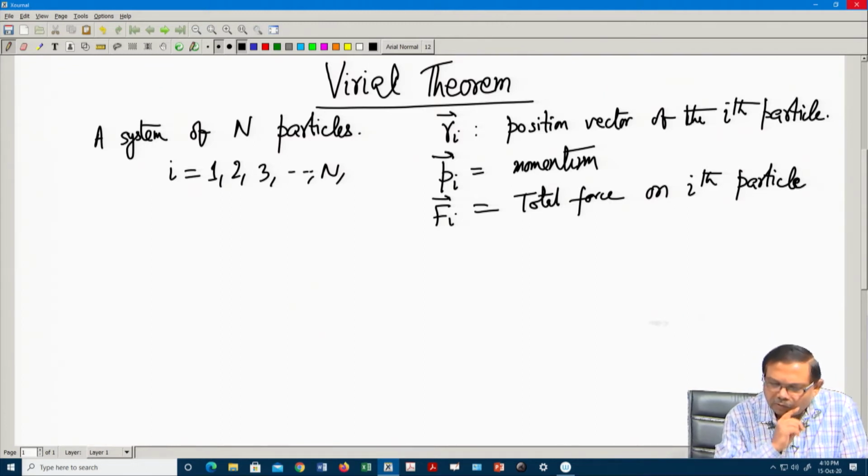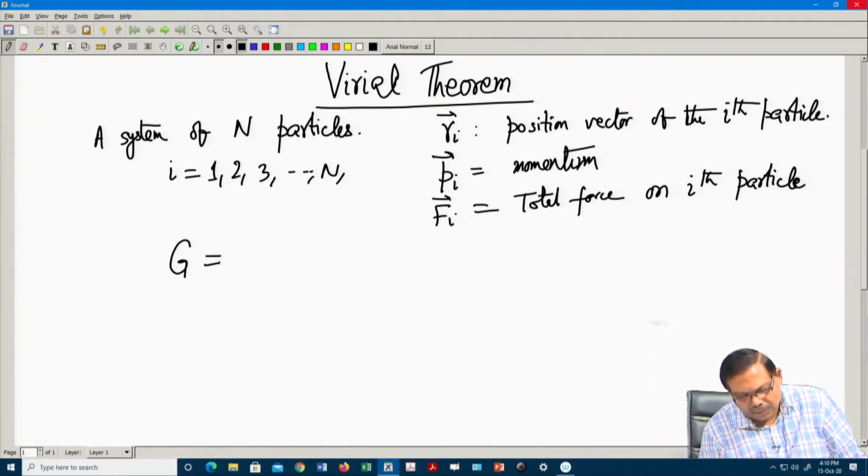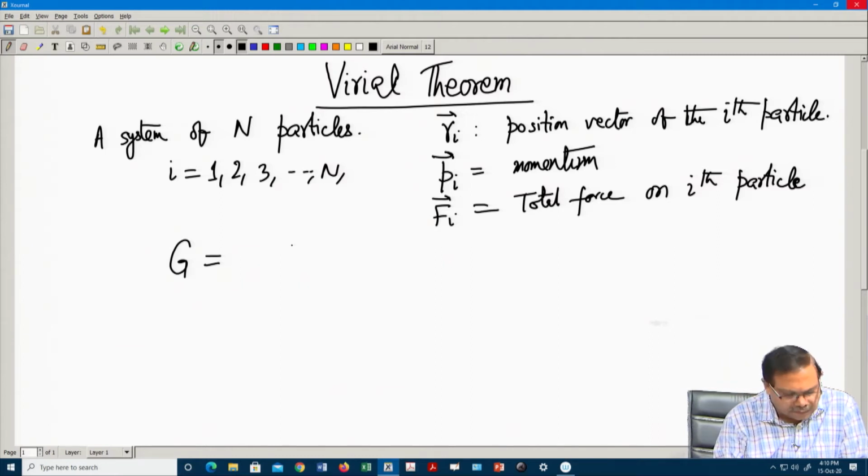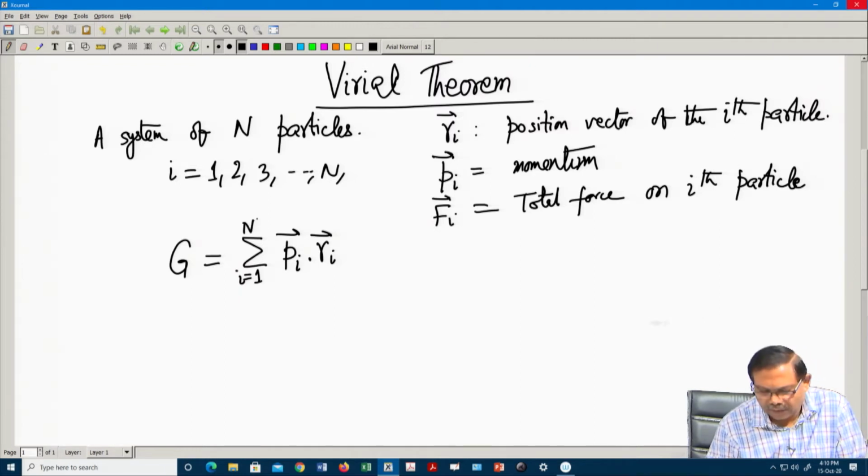Now, a quantity called virial, let us say we write a scalar quantity called the virial of the problem, that is defined as G equals sum over i, from 1 to n, of P_i dot R_i. This is what we call the virial of the system.